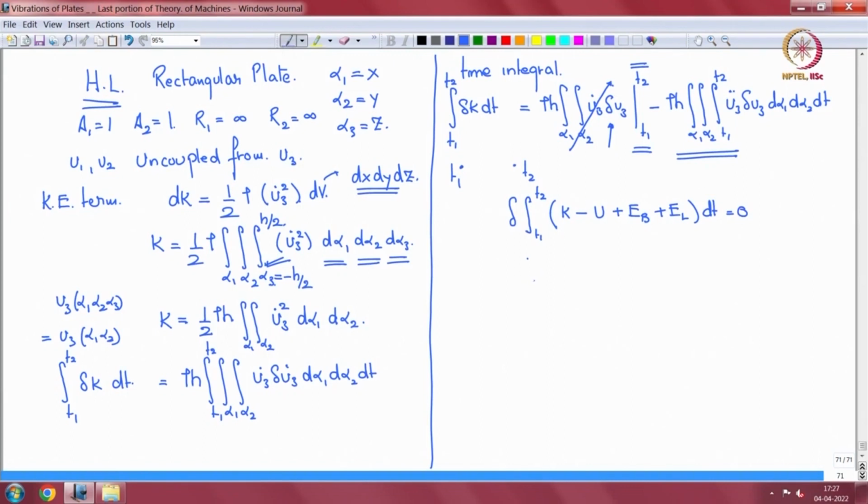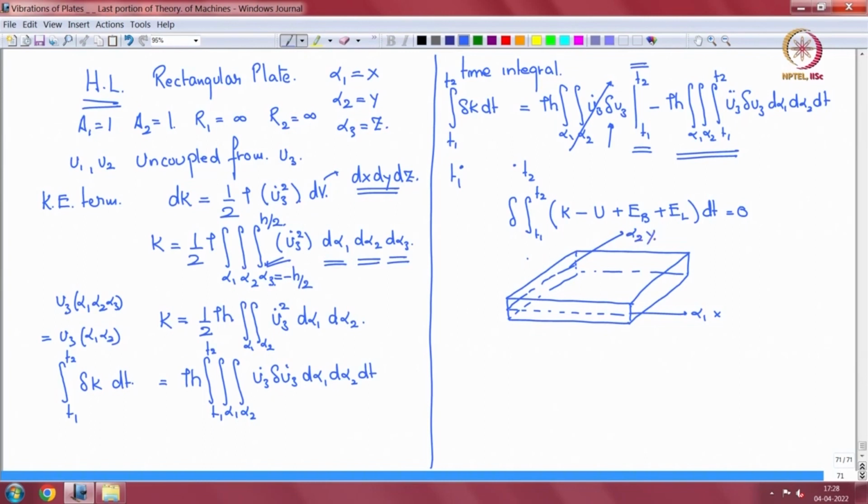So, if we draw a picture to denote the boundary forces that come in, this is my middle surface alpha 1 or x, that is my middle surface alpha 2 or y.